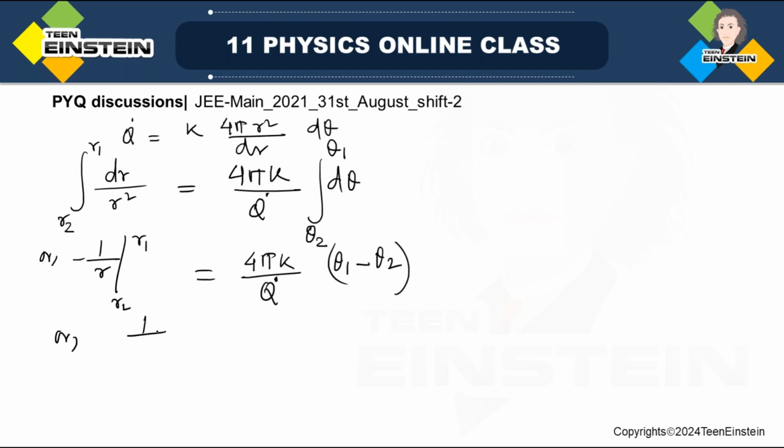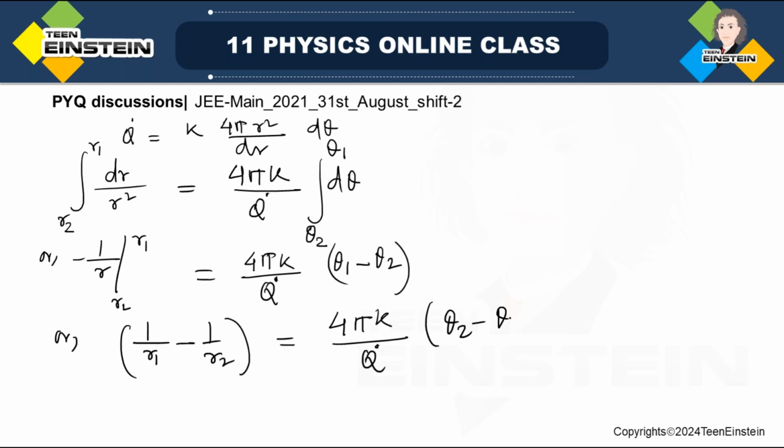So I'll write the lower limit first, 1 over r2 minus 1 over r1. Let me just go with this, whatever we have. And I'll absorb the minus sign here, writing 4 pi k by q dot times theta 2 minus theta 1.